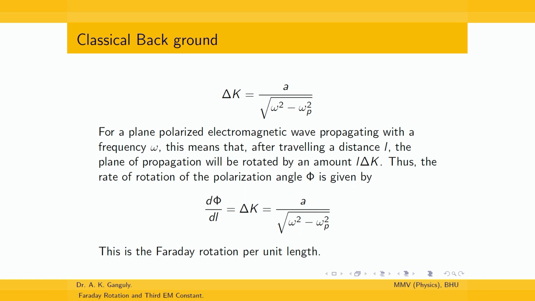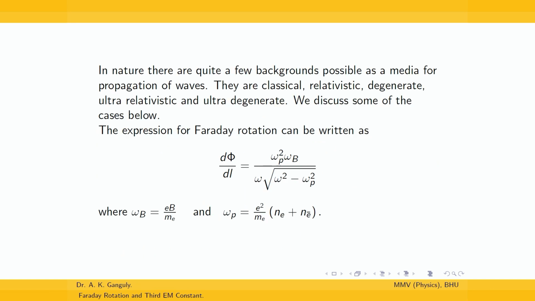So, those are the three situations possible in practice. In the first situation, the plasma frequency is given by e square, there should be a square here in omega p.